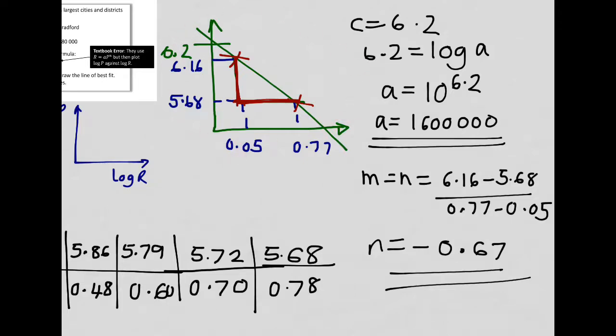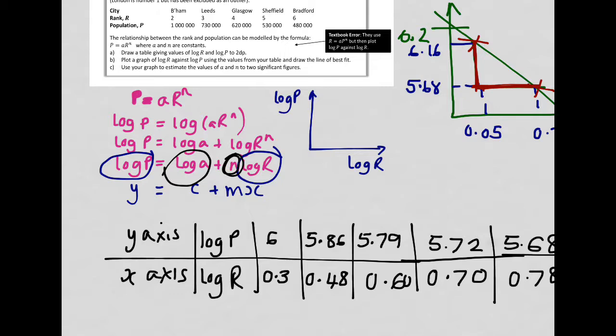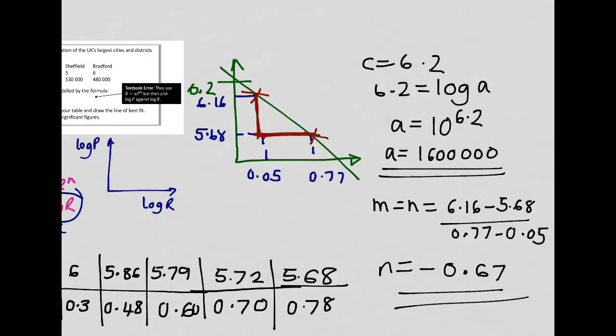And now, because we've been asked to find a and n is our gradient and a is linked to our intercept, we find our gradient and we find our intercept, and then we say, well, c was equal to log a, so I have to manipulate to find a, but n was just the gradient, and we've worked it out. Okay, let's do our next example.